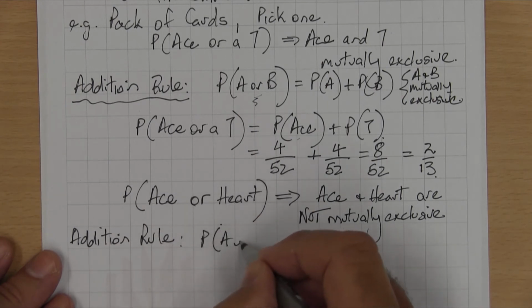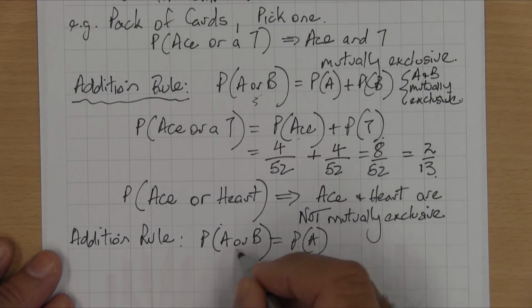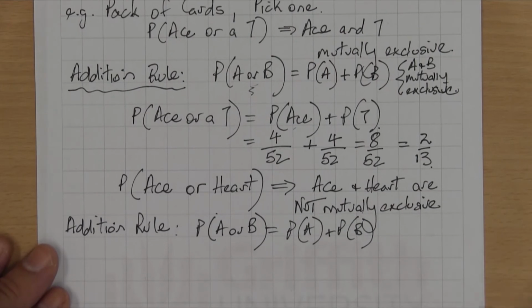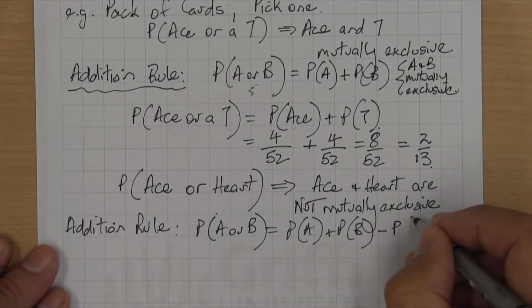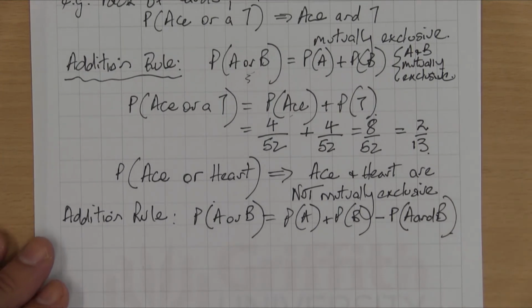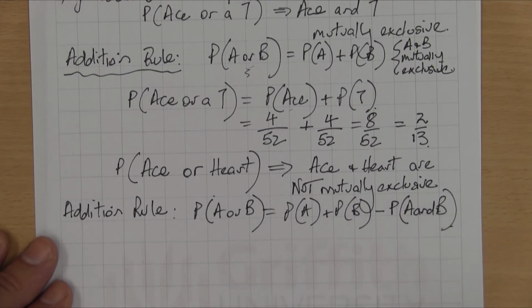Probability of A or B equals the probability of A, now or, we said, is add, plus the probability of B, same as the rule we had up above, but it is different in the fact that we've got to take into account that we've got some overlap, that the property of an ace and a heart can be shared. There is some commonality there. So it'll be the probability of A plus the probability of B, just like up above, but minus the probability that it is A and B.